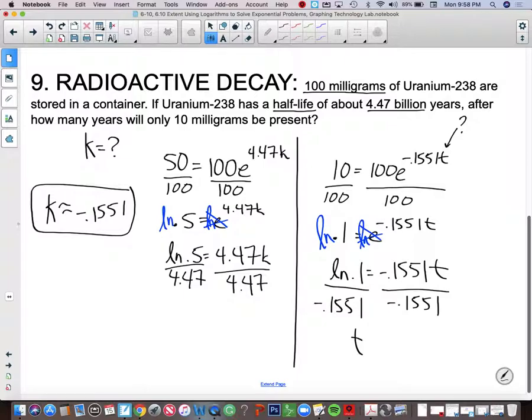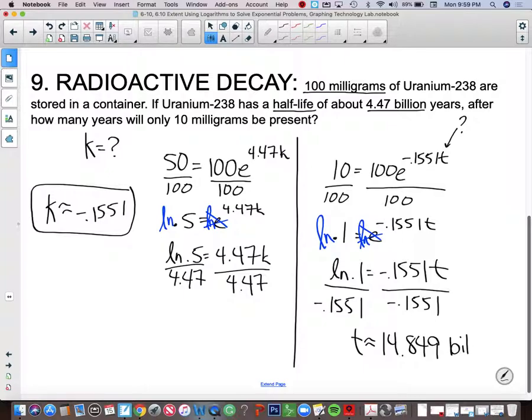So T is approximately natural log of 0.1 divided by that K value, 14.849. And if you read through the problem, it's not 14.849 years, it's 14.849 billion years.